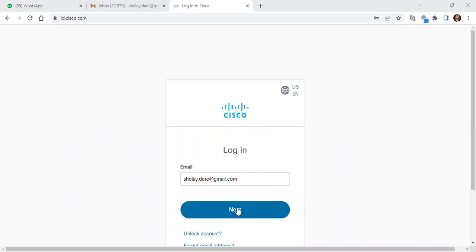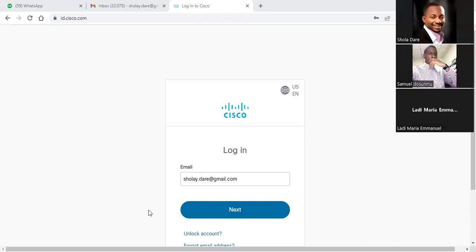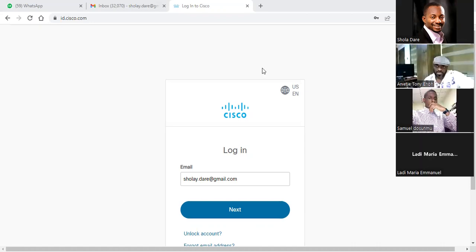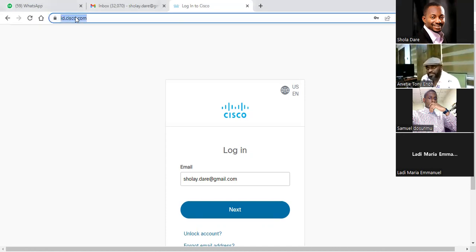A lot of you have been complaining that you couldn't log into the classroom. So please, this is how you get into your classroom. First, you go to your browser, which is the Google browser.